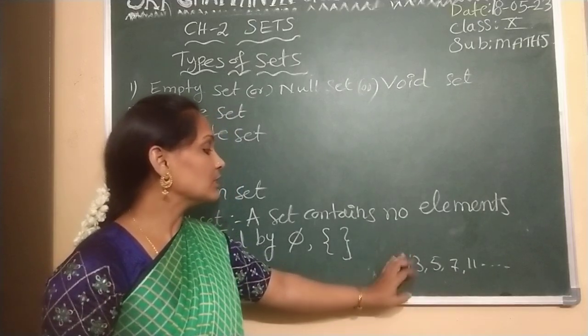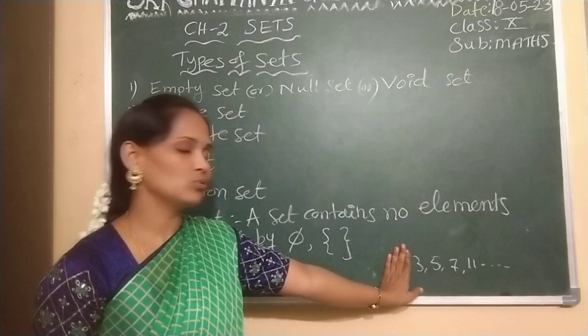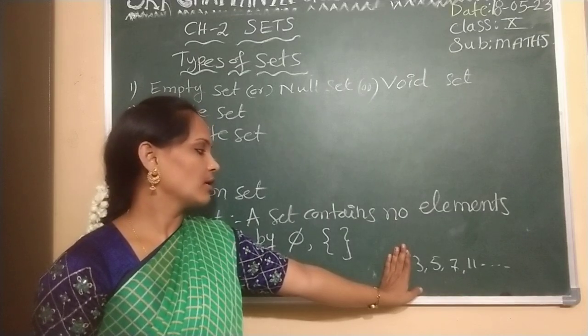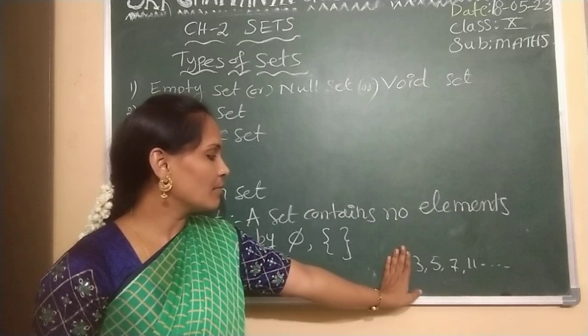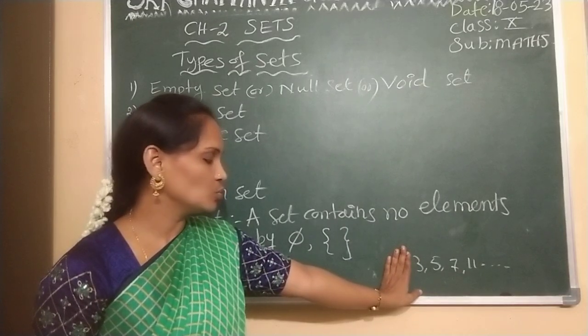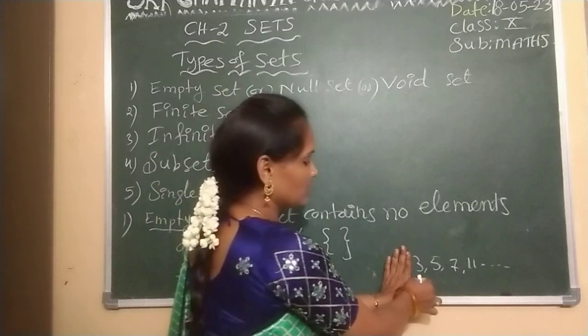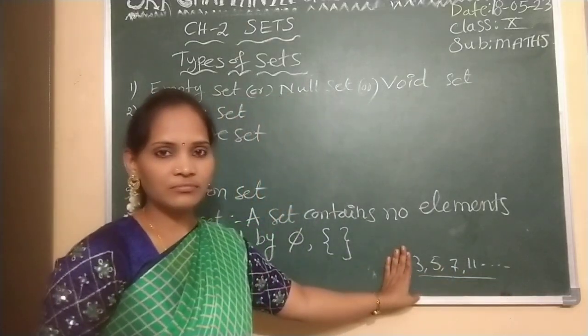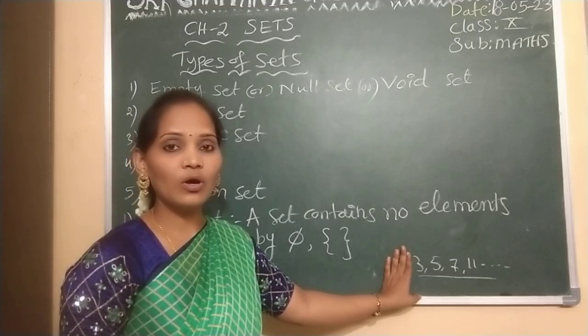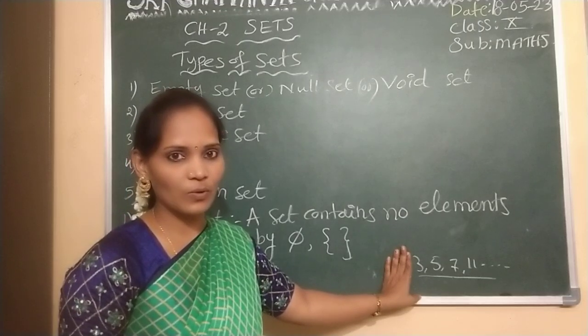So what I am saying here, a set which contains even prime numbers which are greater than 2. If greater than 2, these are the only prime numbers. Is there any even prime? No. There are no even primes. Yes or no?